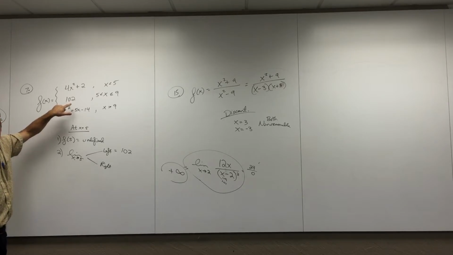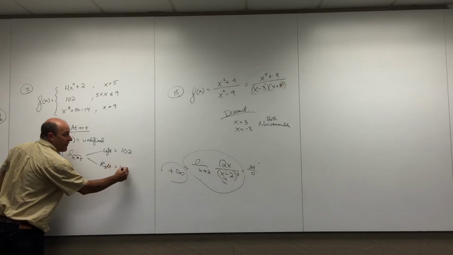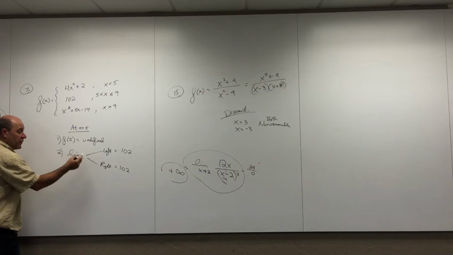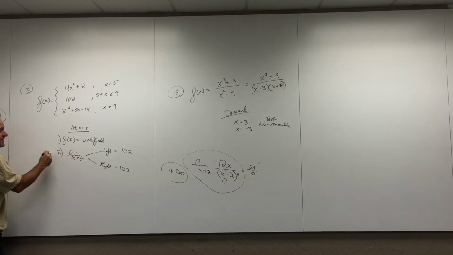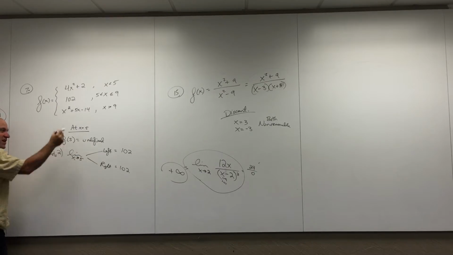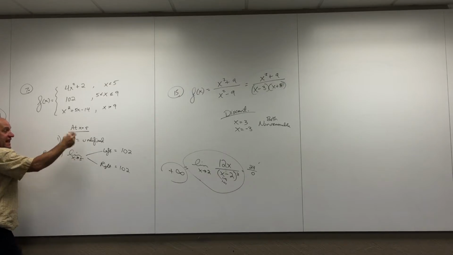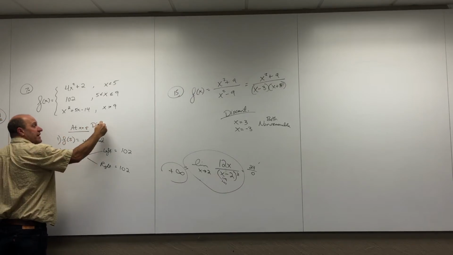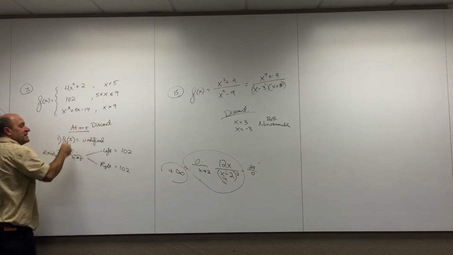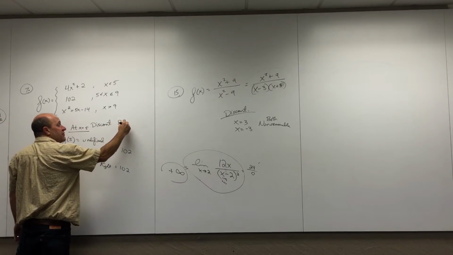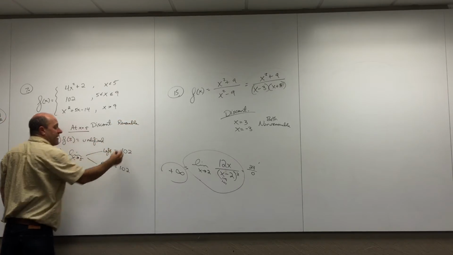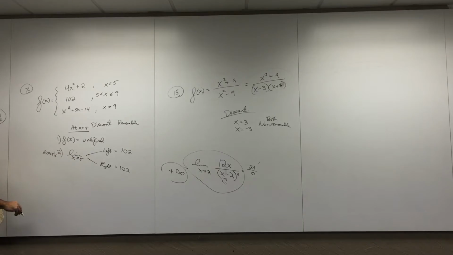You get 102. And therefore, this limit is 102, and this limit exists. But we already know he failed step 1, so this guy is a discontinuity point at x equals 5, and he is now considered removable since we found out his limit exists.